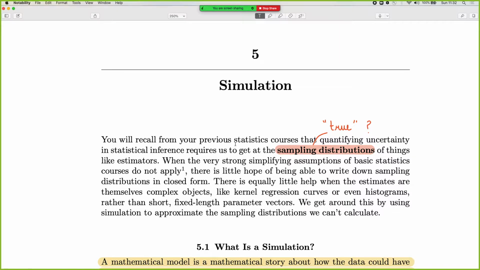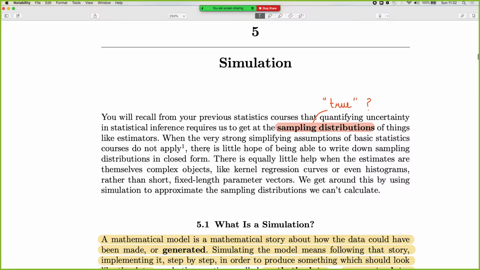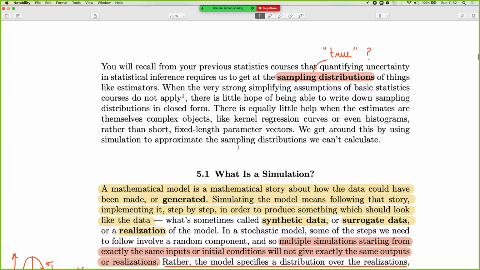It's a pretty simple, straightforward chapter, so we can breeze through the details. In general, so far we've talked about quantifying uncertainty, and we need the true distribution, or to be more accurate, the sampling distribution of things like estimators. There are very strong simplifying assumptions that often do not apply. So then there is little hope of writing down these distributions in a closed form, but at least what we can do is sample from these distributions.